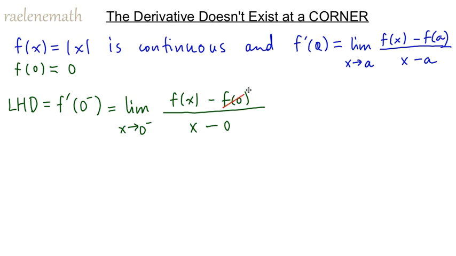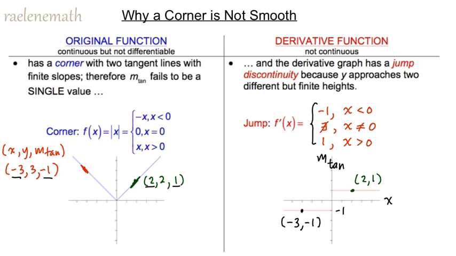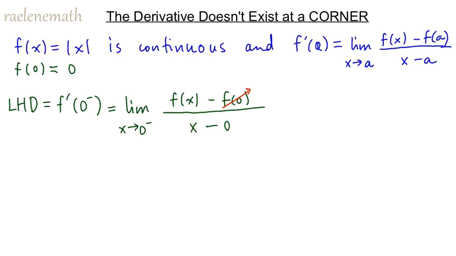So I don't need to write that down. But then I need to use the correct piecewise function definition for f of x when x is less than 0. And so when x is less than 0, I use negative x. This gives me a limit of negative x over x as x approaches 0 from the left.